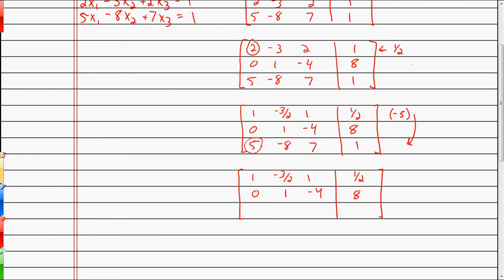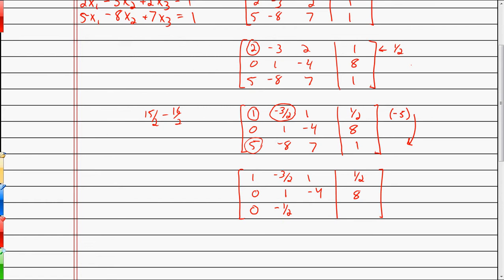Okay, so I'm not looking forward to this because there's fractions. So negative 5 times 1 is negative 5 plus 5 is 0. That's why I chose the negative 5 in the first place. Negative 5 times 3 halves is what? 15 halves. And I have to add that to negative 8, or minus 16 halves, which gives me negative 1/2.